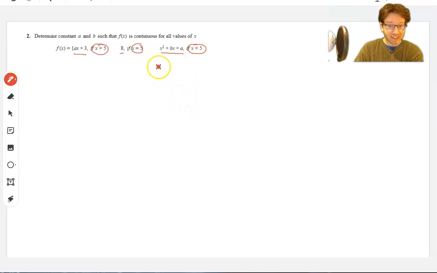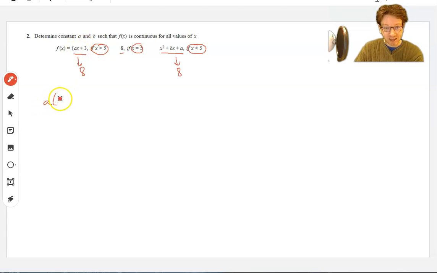So since this function has a value of 8 at 5, we want this function to also approach 8 when it reaches 5. And we want this function to also approach 8 when it reaches 5. So what we're going to do is take this and substitute x as 5.